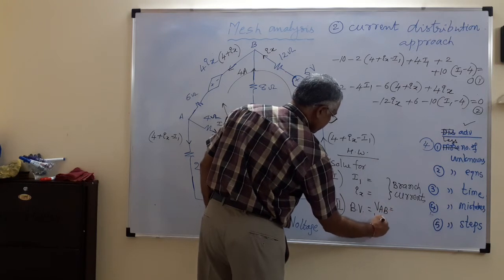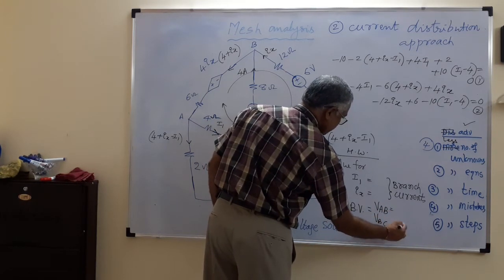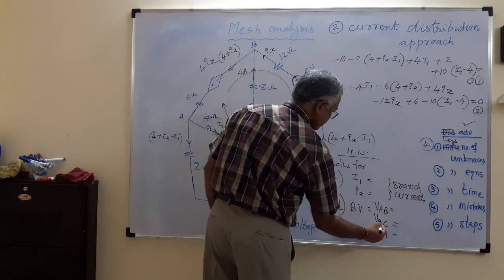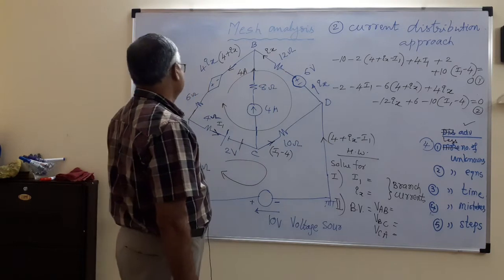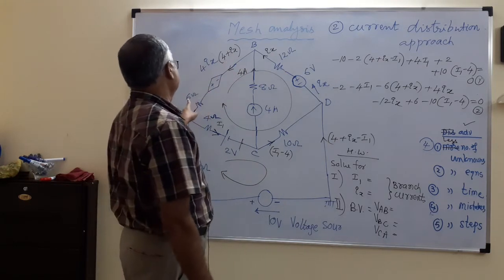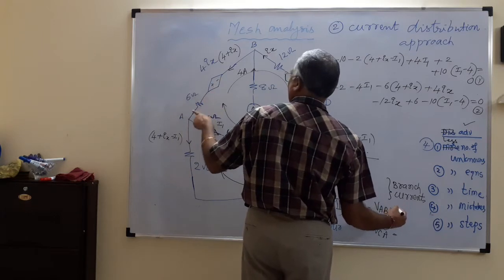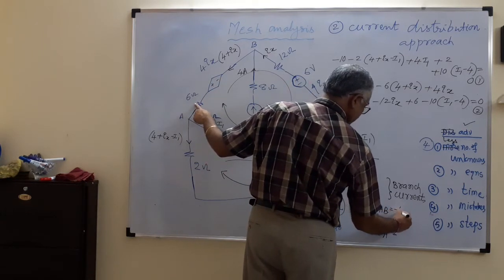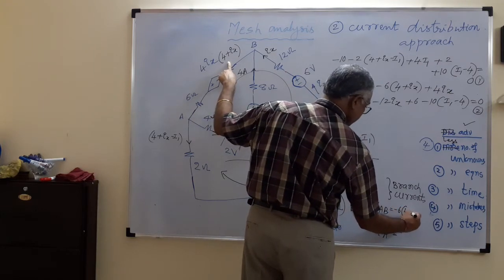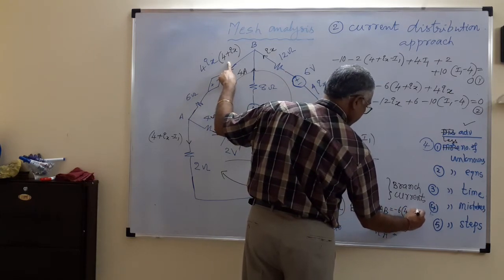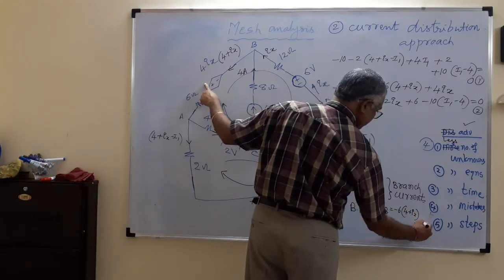VAB, VBC, VCA. What is the rule I said? Start from A, go to B, start from B, go to C, start from C, go to A. For example, I want VAB. So you get VAB is what? Minus 6 into (4 plus Ix), then plus 4Ix.